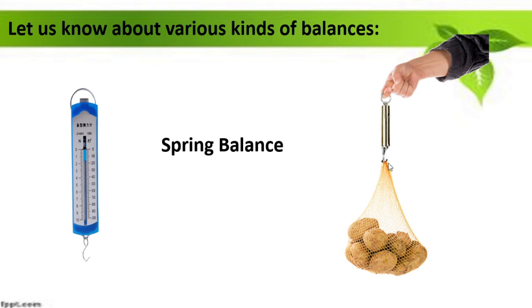Here one hook is there. We hang the object, whatever we want to weigh, to the hook and we get the readings here. It tells us the proper weight of this object. Okay, this is called spring balance.